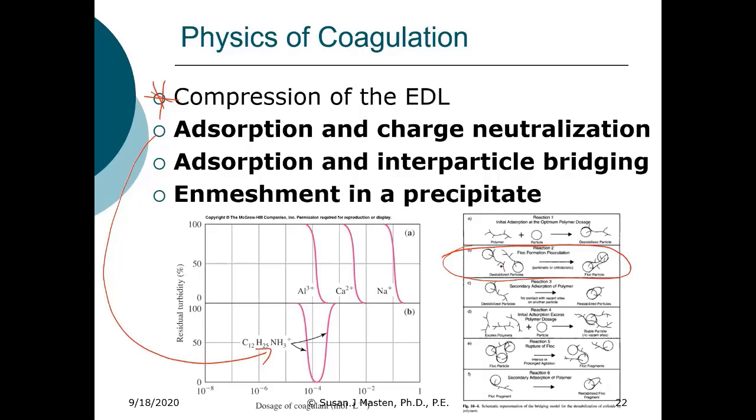So basically, you can think about this as essentially your negatively charged colloid, and we have something like dodecyl ammonium, and what happens is these two hydrophobic ends interact and you form a larger particle as shown here.